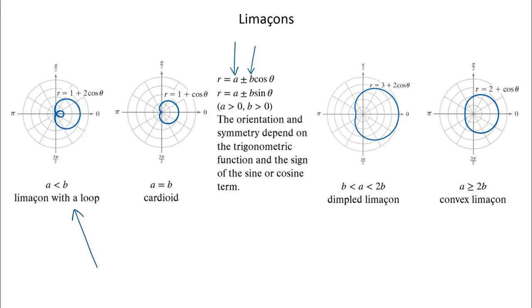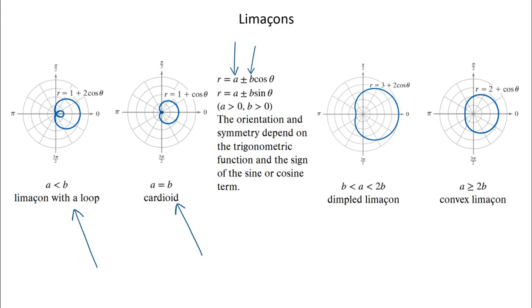The next shape that we might get when we're working with limaçons is called a cardioid. Notice that the cardioid looks almost exactly the same as the limaçon with a loop, except there is no inner loop. The cardioid just meets at the pole in a sharp point.